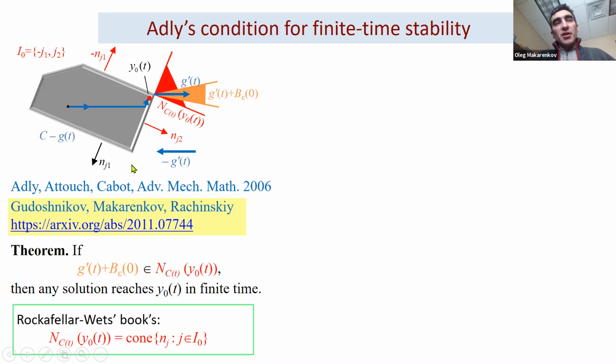Each side of our constraint comes with its normal vector, and in particular this side has its normal vector, and this side has its normal vector, and therefore the cone at this point can be constructed this way.